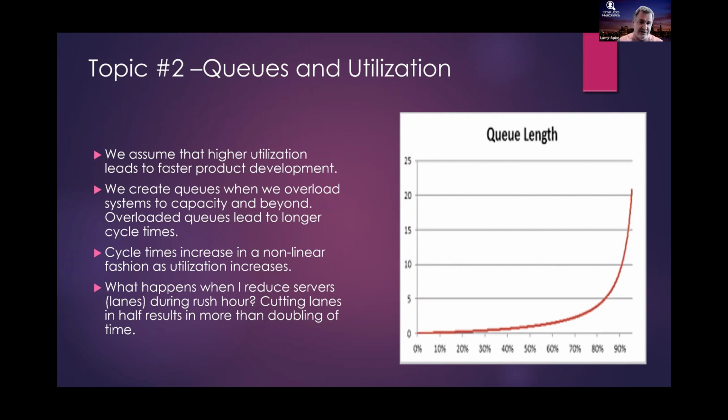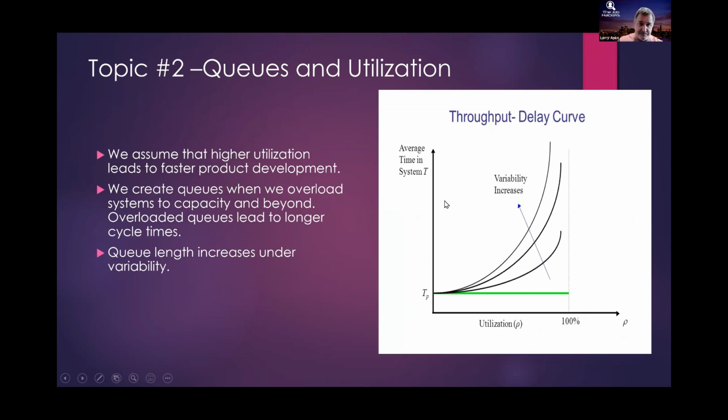Because they know that if they try to utilize it 100%, they're going to see goods piling up all over the warehouse or all over the manufacturing facility. They'll be able to tell you what the optimal utilization rate is, right? That's in a physical environment. What happens if you're in a complex environment where there's variability between the value and the effort that it takes to move items through, where items are not uniform in size? Well, guess what?